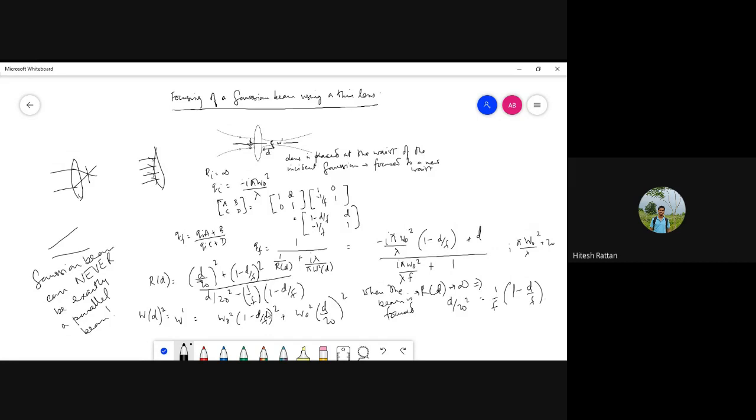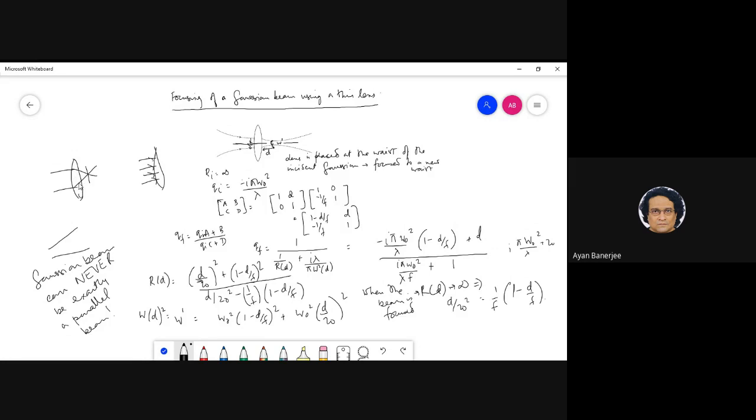No, the wavefront is the plane. So in a plane wave, this is also focusing, right? So will you say that this is parallel?